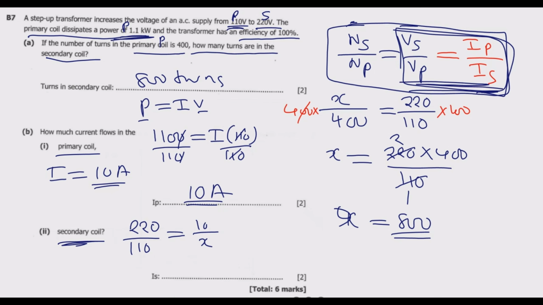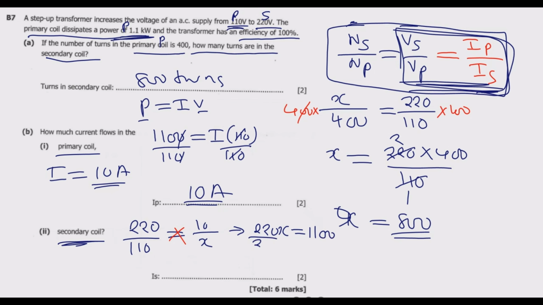Then we do a cross multiply. Cross multiplication tells us we have 220x equal to 10 times 110. We have 1100, like that.